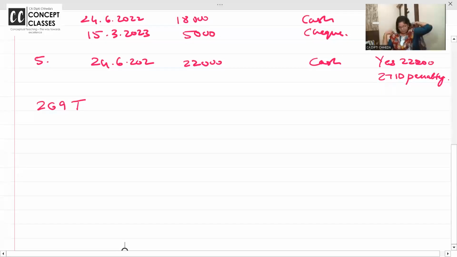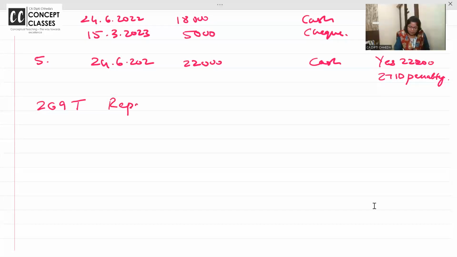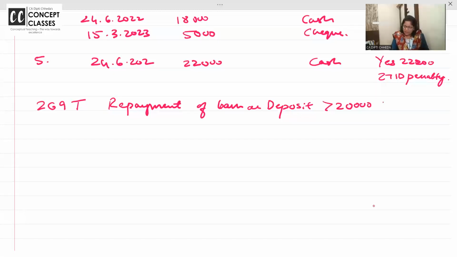Write down quickly some example. Repayment of loan or deposit above 20,000 in cash. Mode of online payment, I just told you in the definition.